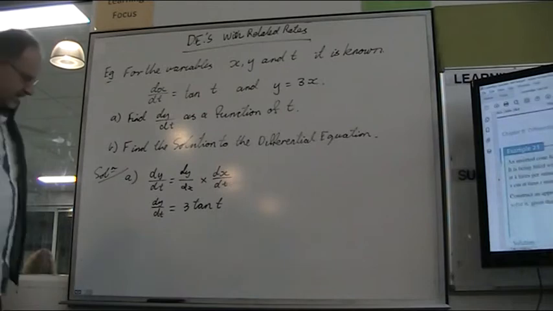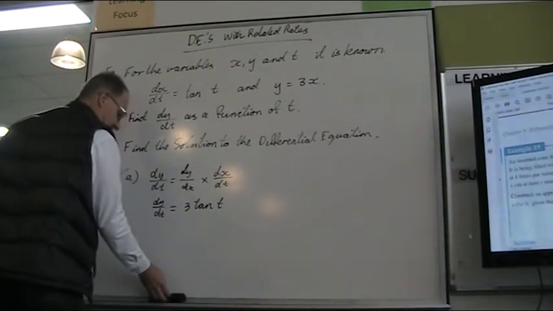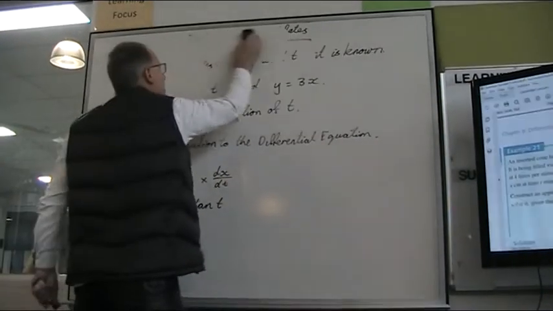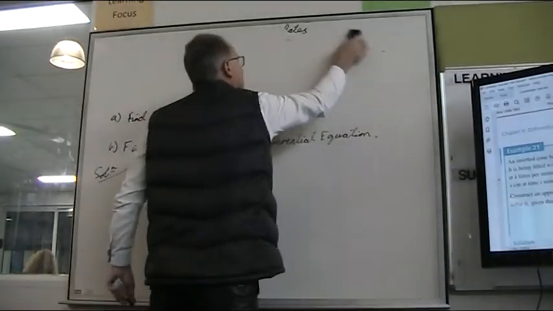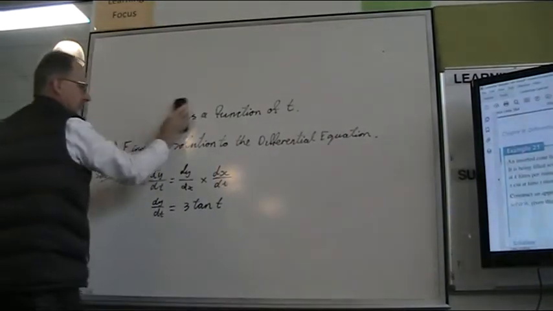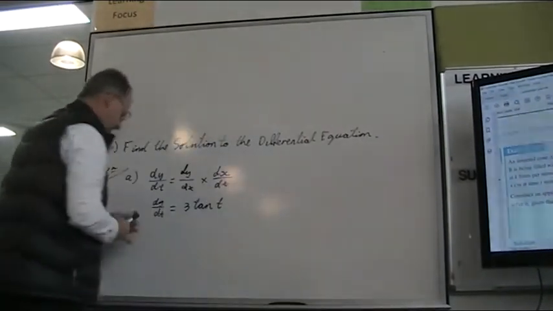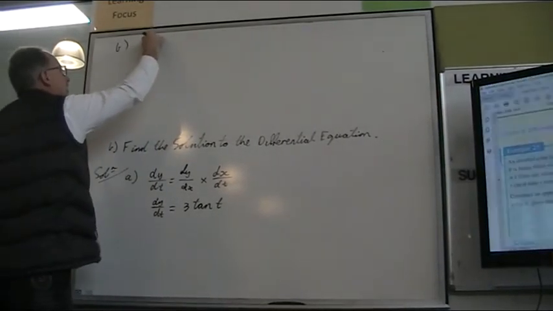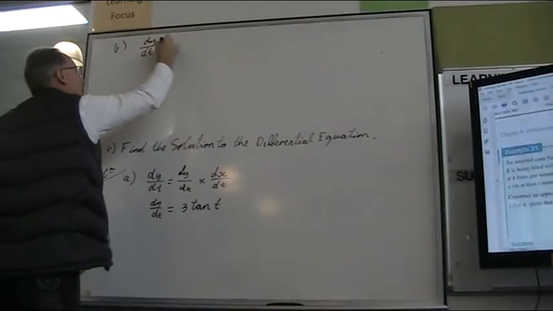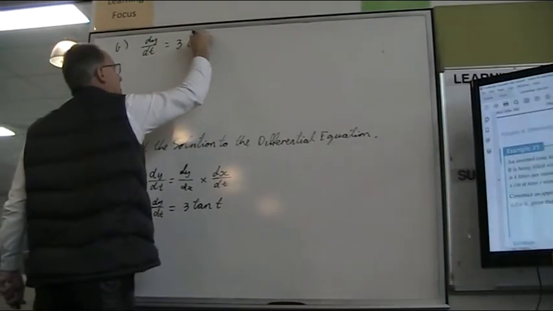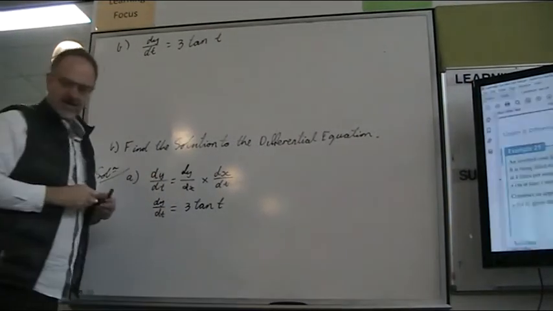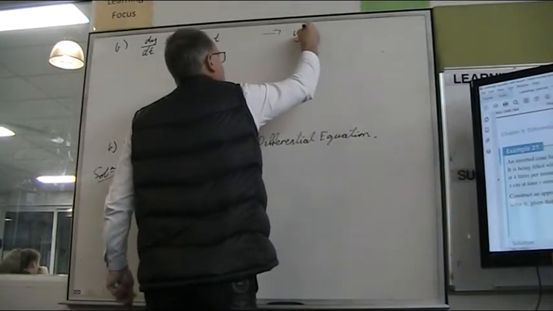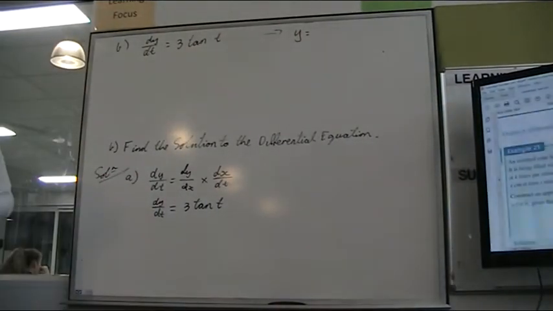Alright, so part B asks us then to solve that. So dy/dt equals 3 tan t. If we've been asked to solve that, what that means is that we need to get y equals.